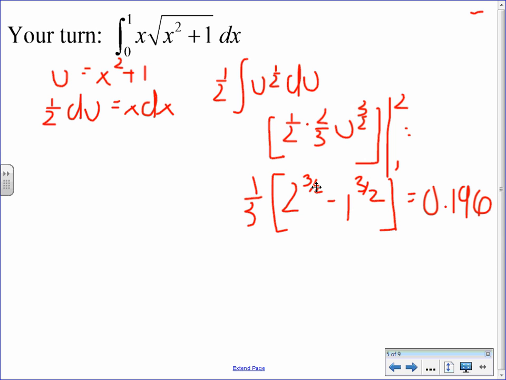Do we agree? No? So, point what? Did you put it in as 2/3 instead of 3/2?